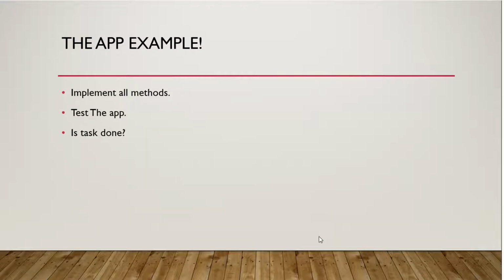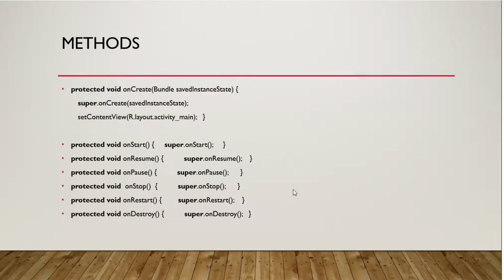After that, we are going to use all these methods in our application, and we check at which time which method is called, what we do, what happens to the activity, and what runs in the background of your activity.